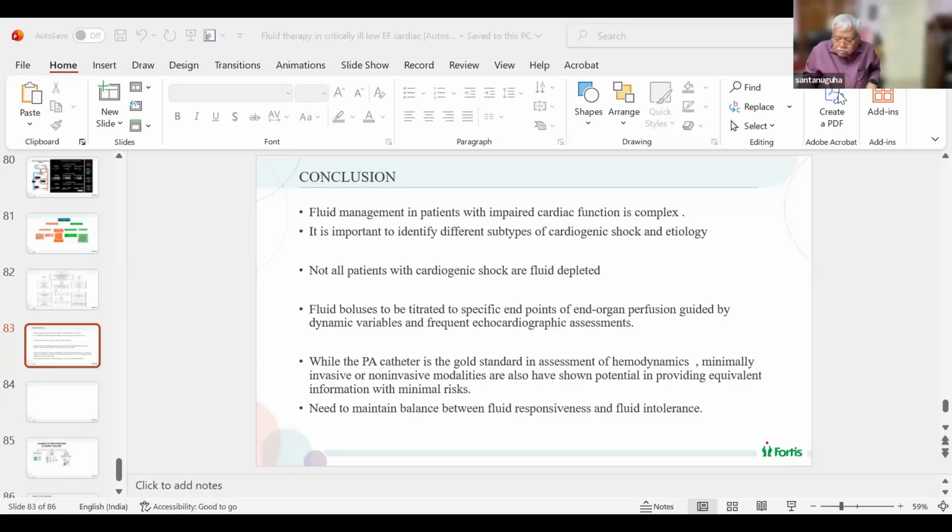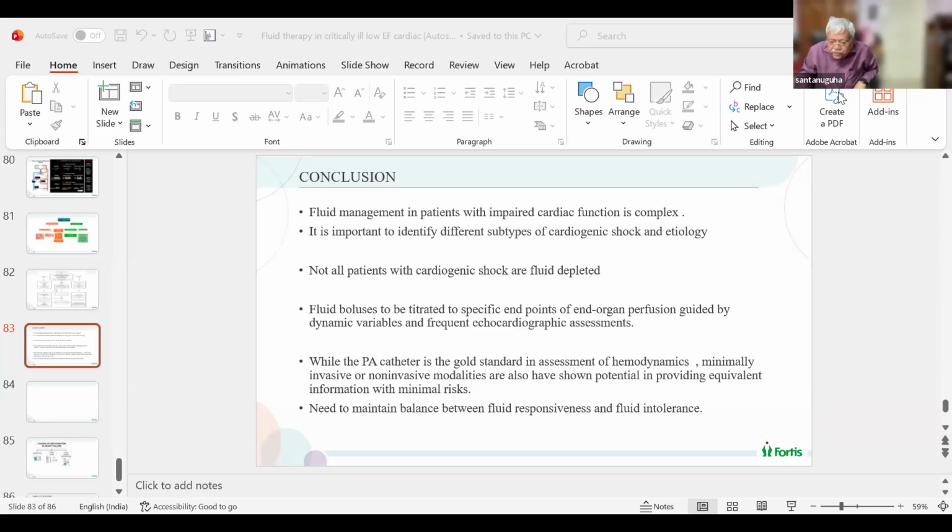Devajit, I'll ask you a very practical question, though it is a little away from the main topic. Very often in patients who have a reduced ejection fraction, we come across prescriptions of fluid restriction, 1200 ml per day, ejection fraction 40%.